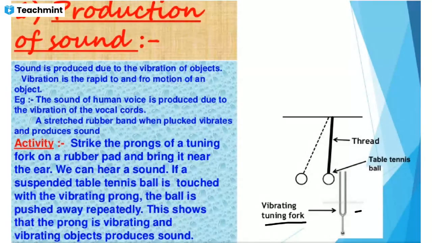The two ends that you can see here, these two we call the prongs of the tuning fork. They start vibrating. When you hit this tuning fork on a rubber pad, the prongs will start vibrating. The prongs will vibrate so fast that you will not be able to see the vibrations also.